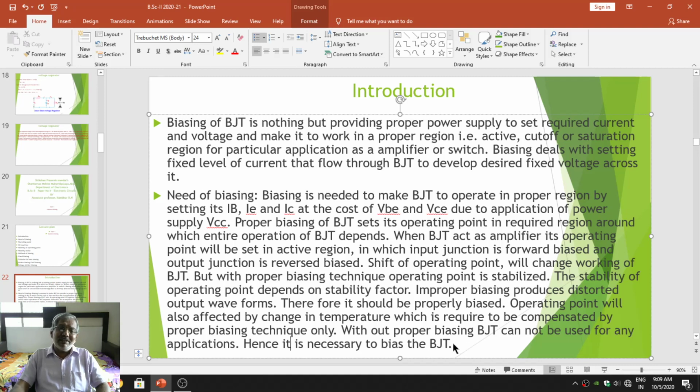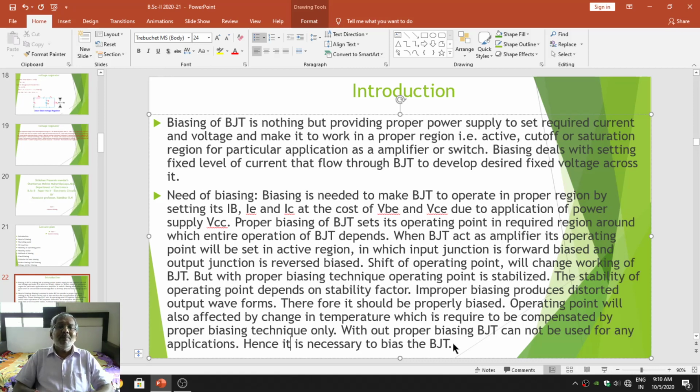In short, you remember that biasing is needed to locate the operation of BJT in a proper region by locating the operating point in a proper region, to stabilize the operating point, which depends upon stability factor, and to avoid the shift of operating point due to change in temperature.